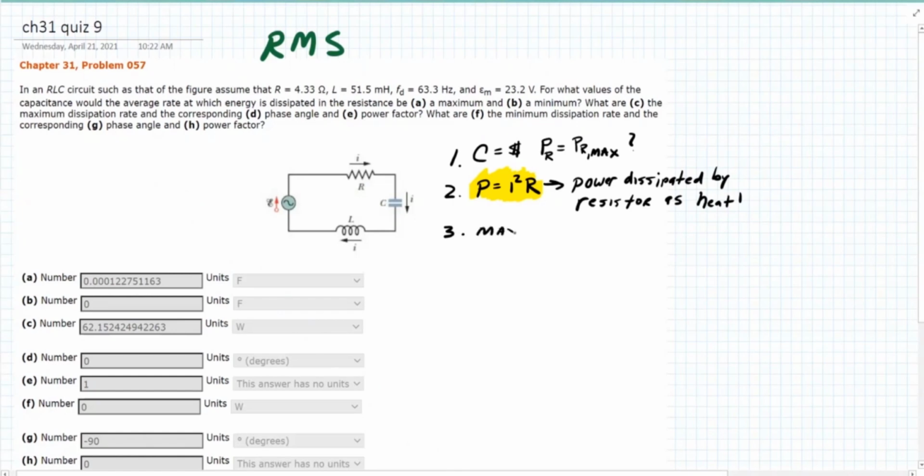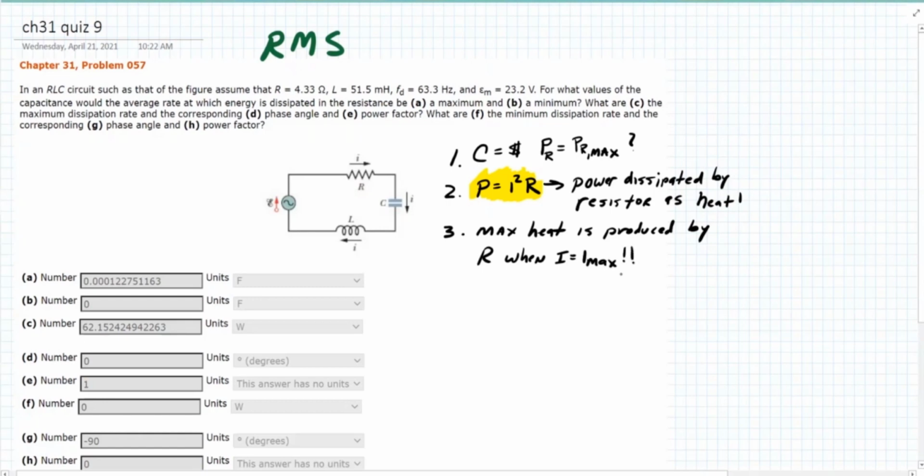So number 3, I'll keep my narrative going here. Max heat is produced by the resistor when I get I equals I max. I need to find out the maximum.